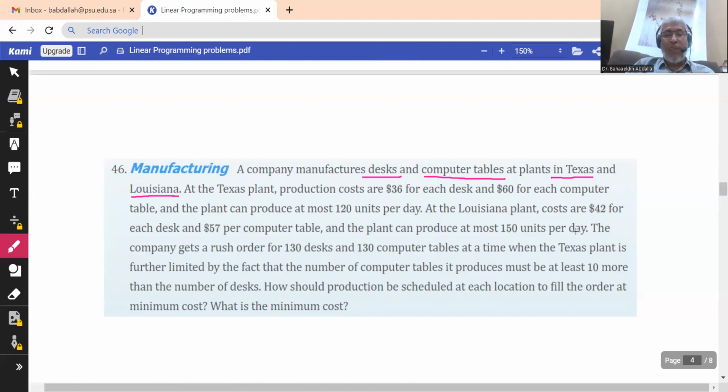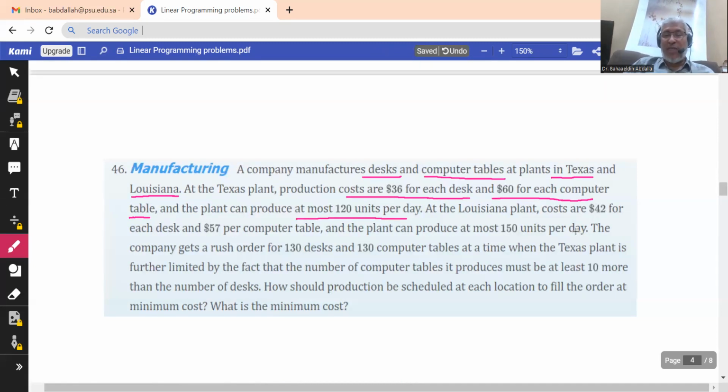At the Texas plant, these are the production costs for the desk and for the computer table, and the plant can produce at most 120 units per day.